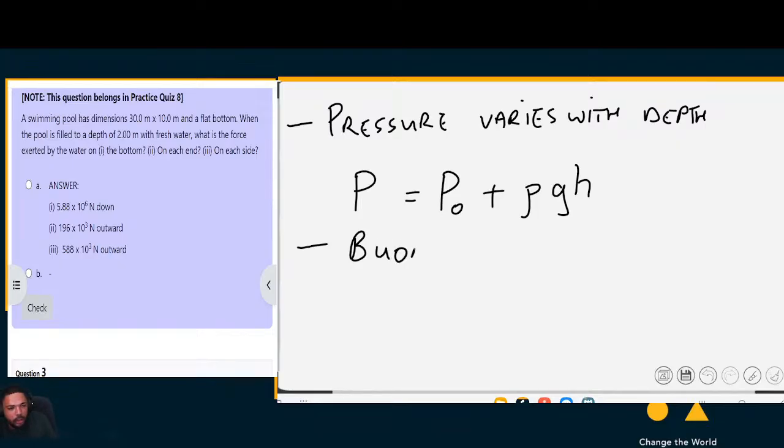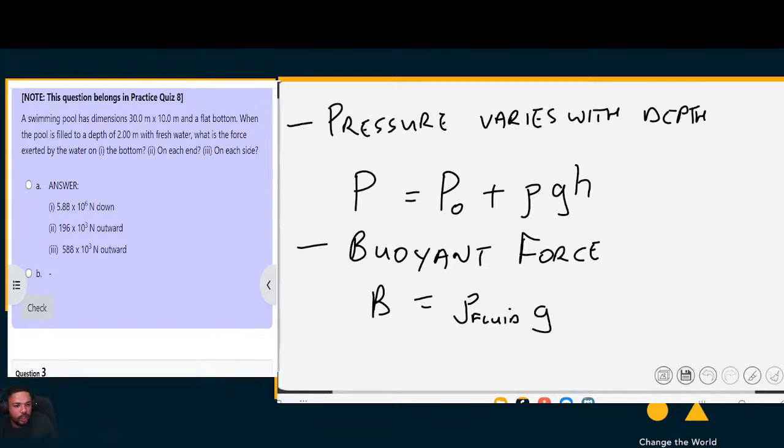I almost wrote an A. The buoyant force is equal to the following. B, the buoyant force, is equal to the density of the fluid multiplied by g, the gravitational acceleration, times the volume of the fluid displaced. That's how you calculate the buoyant force.